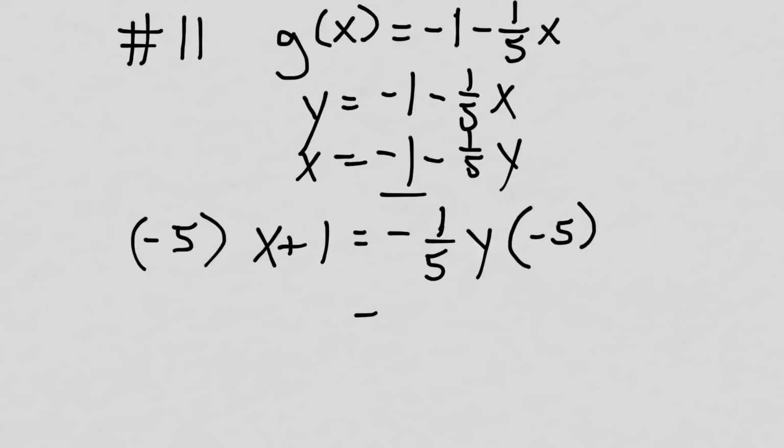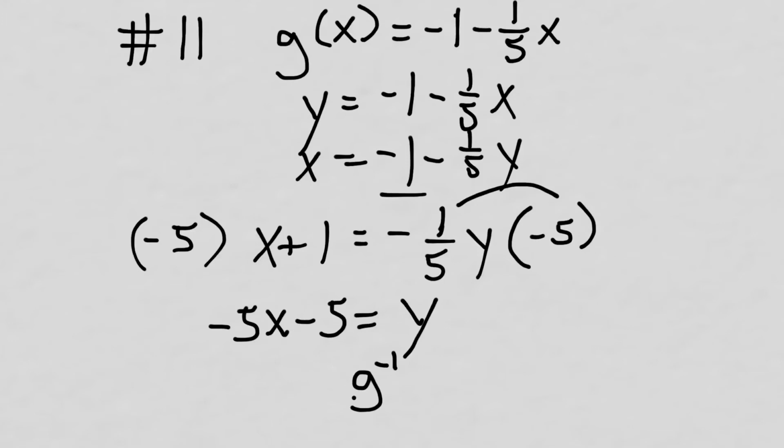If I do that, -1/5 times -5 gives you a 1, and you're just left with y on that side. On the left side, you're left with -5x - 5. We can write that in its final form now. We have g inverse of x equals -5x - 5.